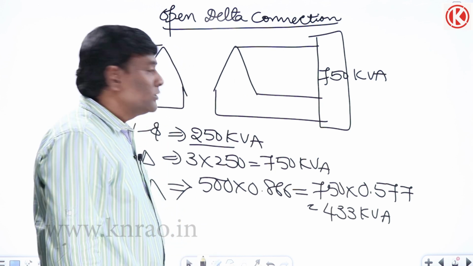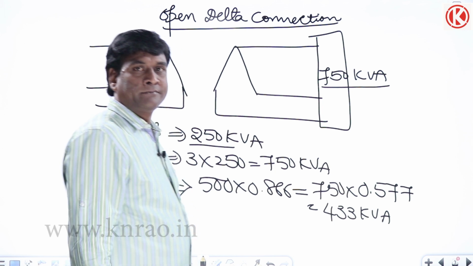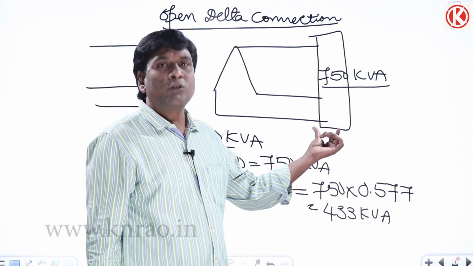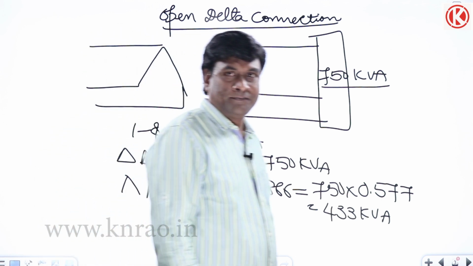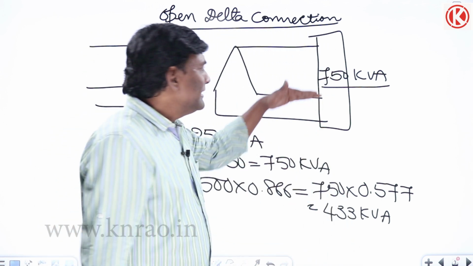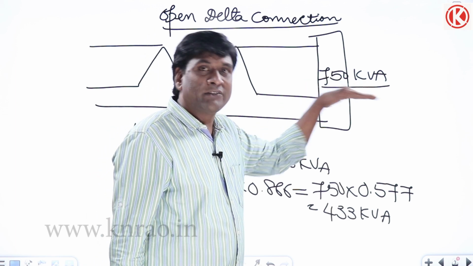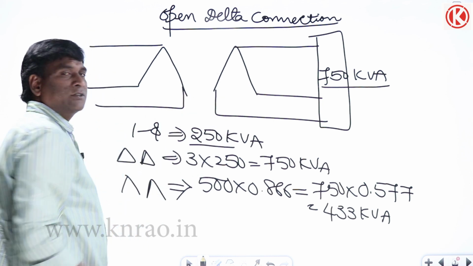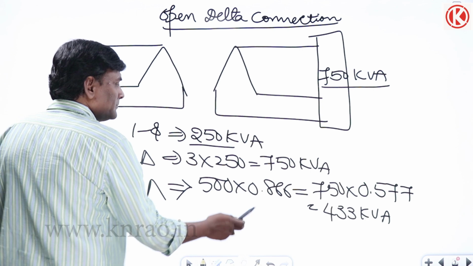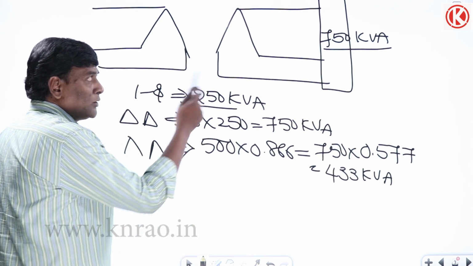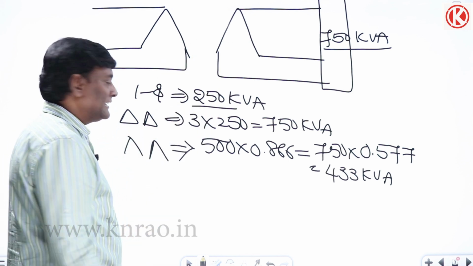From the load side, if I maintain the same 750 kVA, because the load is not in our control, if the load is demanding more, my machine will be overloaded. If it is maintaining the same 750 kVA, meaning I am sitting on the load side, definitely these transformers will be overloaded. By how much percentage will it be overloaded? Simple. My load is operating at 750 kVA and my rated capacity is 433 kVA.